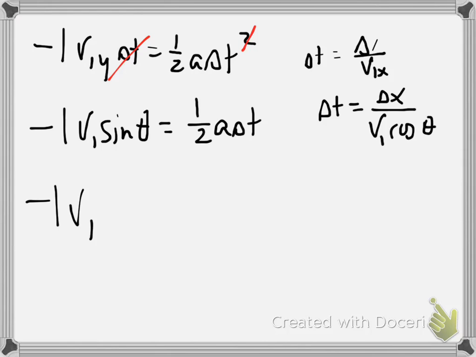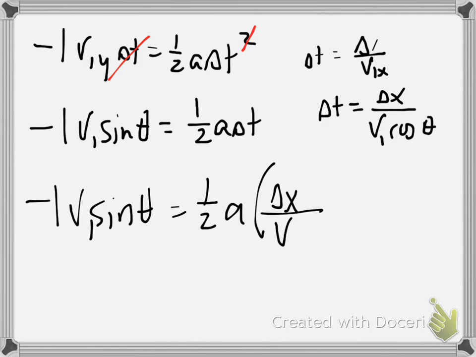So negative 1 VI sine theta equals 1/2 A times delta x over VI cosine theta. So we now have something that we can algebraically rearrange to get to a point where we can solve for VI. That's it. Good with that?